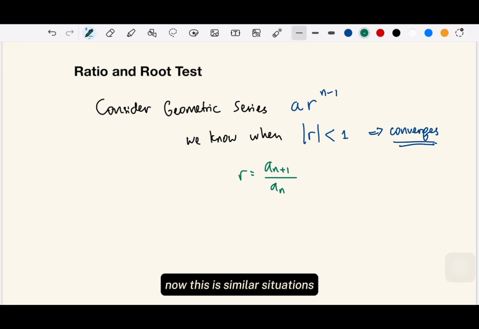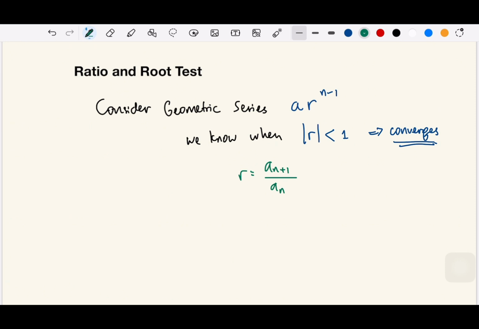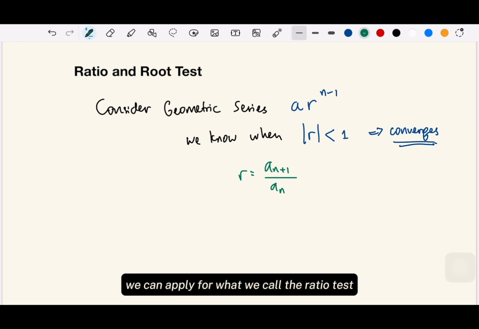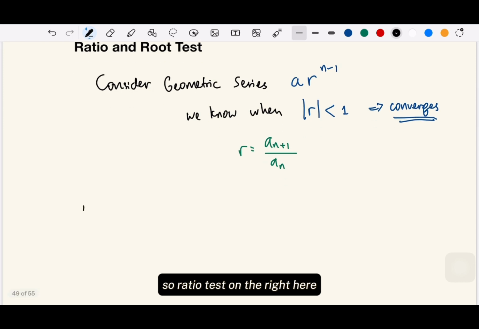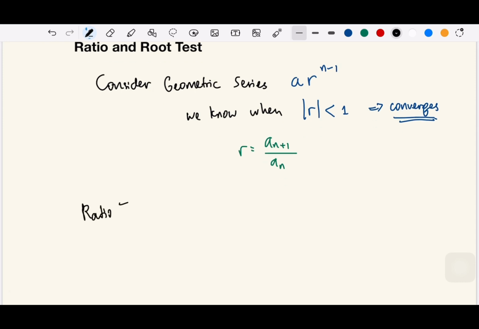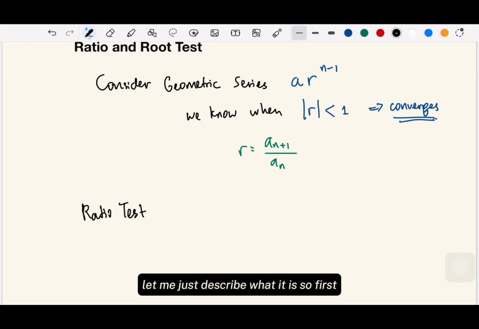Now the similar situation we can apply for what we call the ratio test. Okay, so we are going to use some ratio. So the ratio test, let me write it here. Let me just describe what it is. Okay.